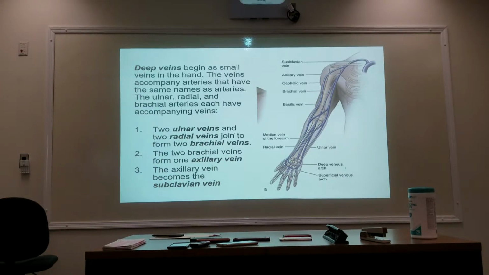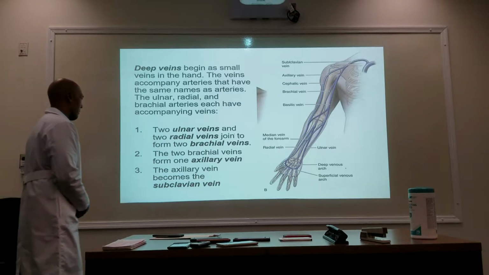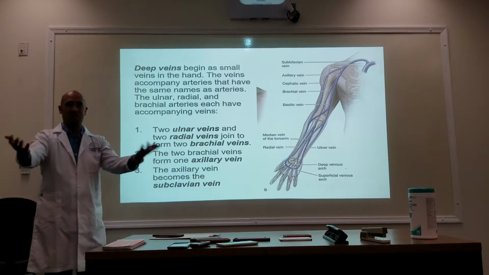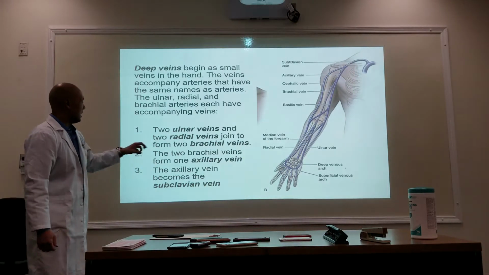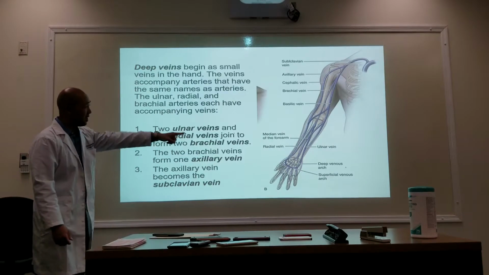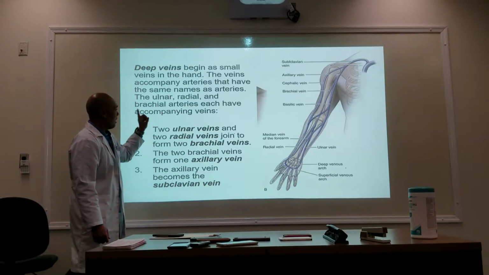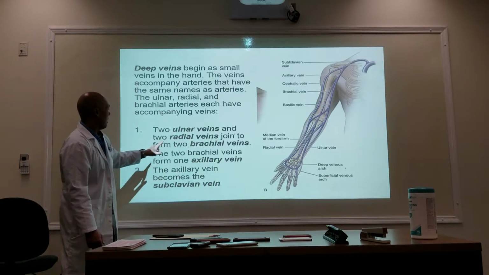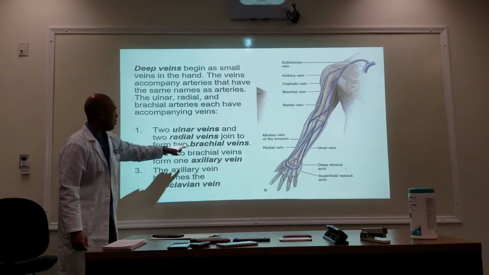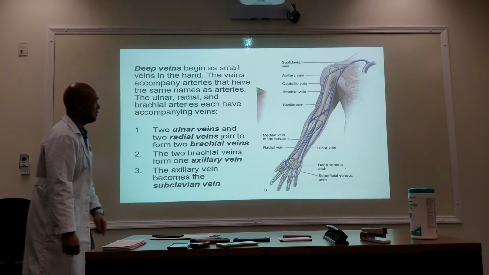Oh, this is confusing. I think this is written wrong. Because when it says two ulnar veins and two radial veins, it's talking about both arms. So when you read this, it's referring to both arms. If we're talking about one arm, it should say the ulnar vein and the radial vein join to form the brachial vein. That's what it should say.